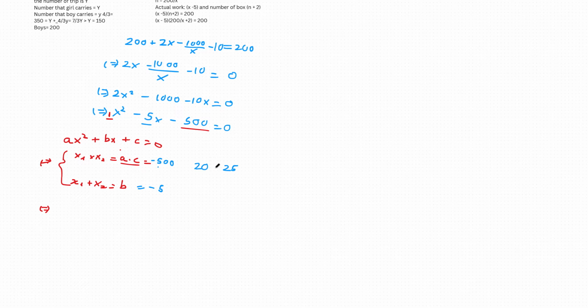To be precise, one of them has to be negative, so 20 times minus 25 equals minus 500, and 20 minus 25 equals minus 5.